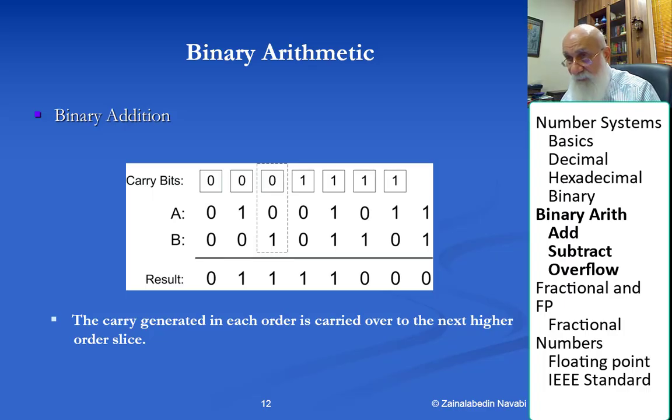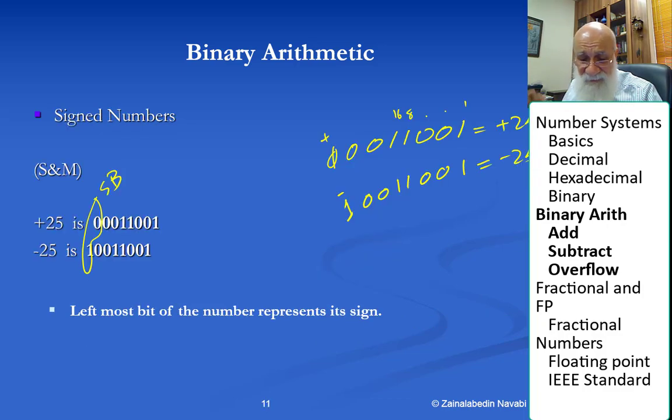So let's talk about arithmetic, and then we come back to other representations that make the arithmetic or subtraction a little bit easier. Why do I say for arithmetic that's not easy to do?